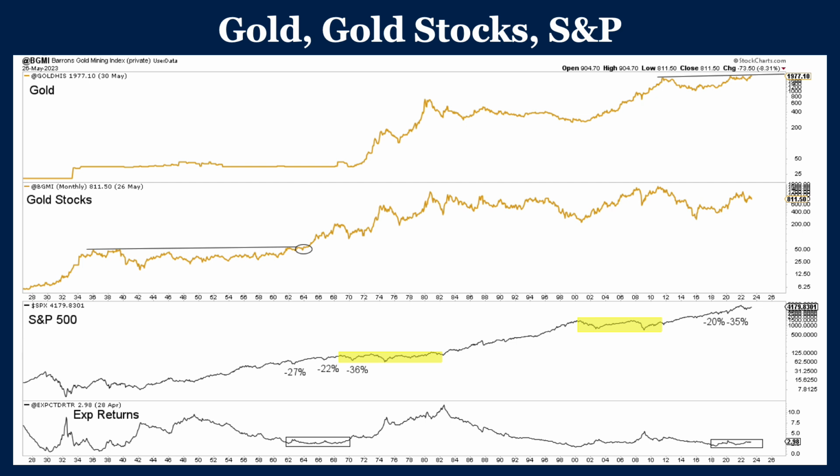But it's very similar to where gold stocks were in that 1963, 64 period. And then of course gold stocks had this huge breakout. So that's why I'm saying the real best comparison for gold right now, based on the things I'm talking about, based on gold stocks being a proxy for gold, is 1964.